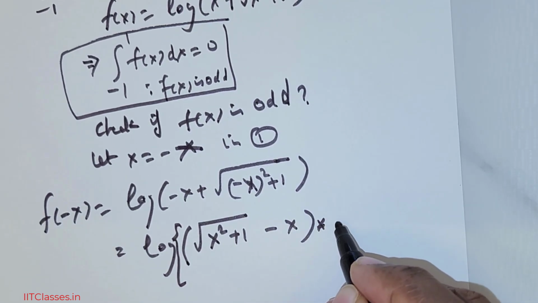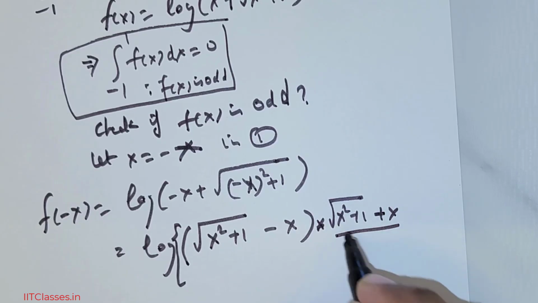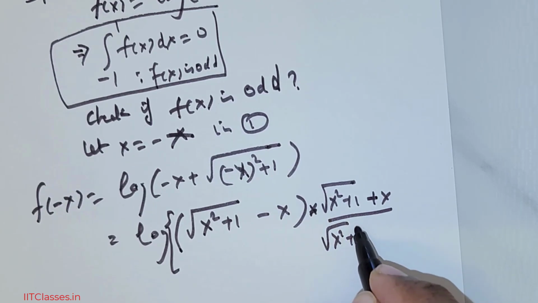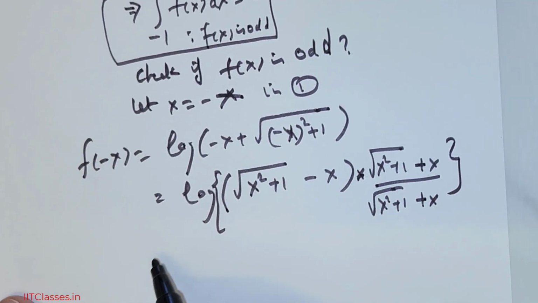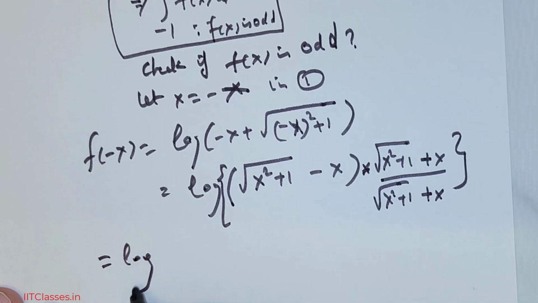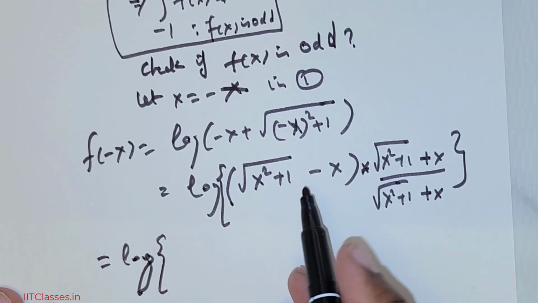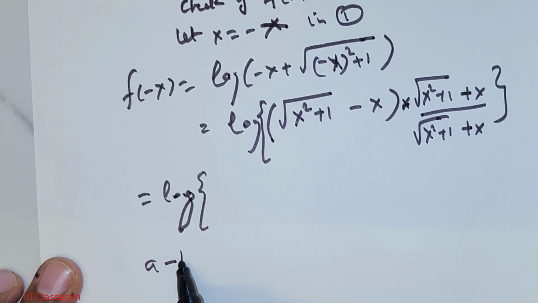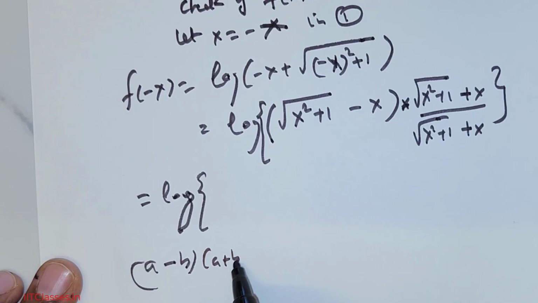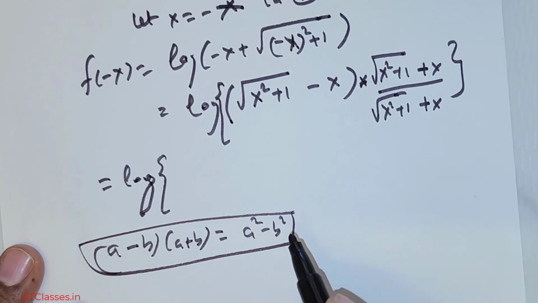I'm going to multiply this by root of x squared + 1 + x divided by root of x squared + 1 + x. So this is equal to log of, now this is a negative b multiplied with a plus b, which is going to be a squared negative b squared.